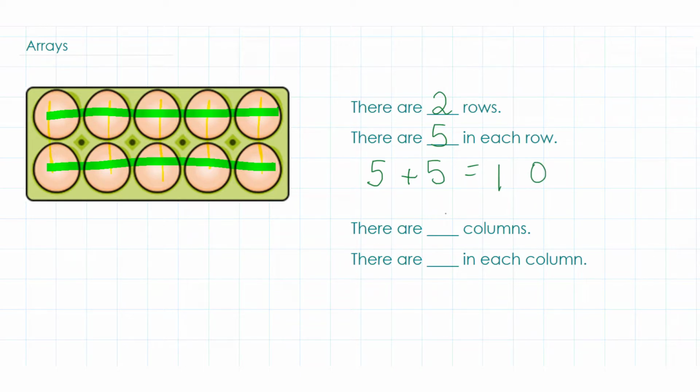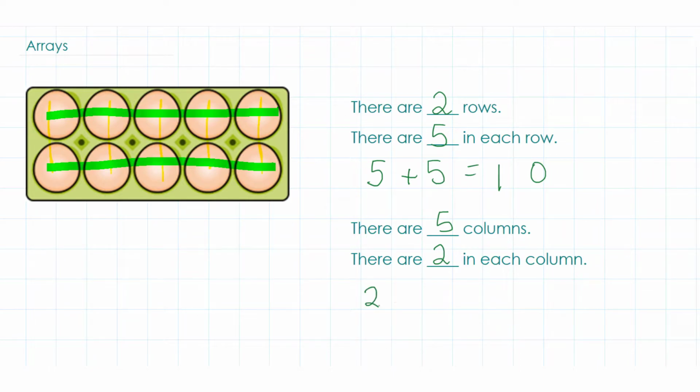And what about these sentences? Let's look at the columns. So there are how many columns? There are 5 columns. And there are how many eggs in each column? There are 2 eggs in each column. What calculation would you do this time to find the whole? There are 5 columns of 2. There are 5 groups of 2. That's right.